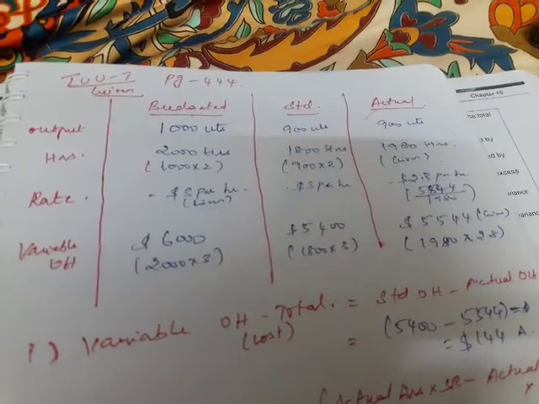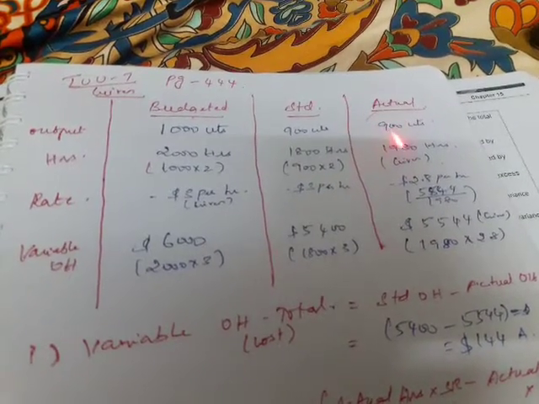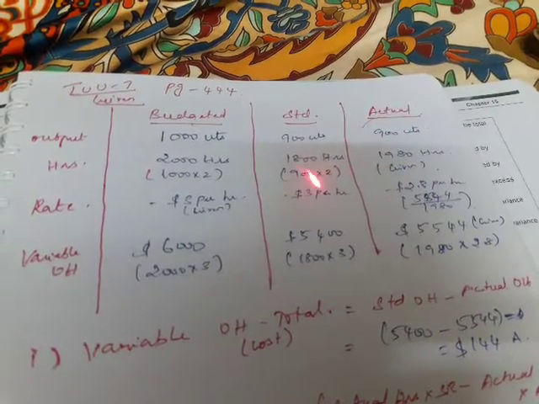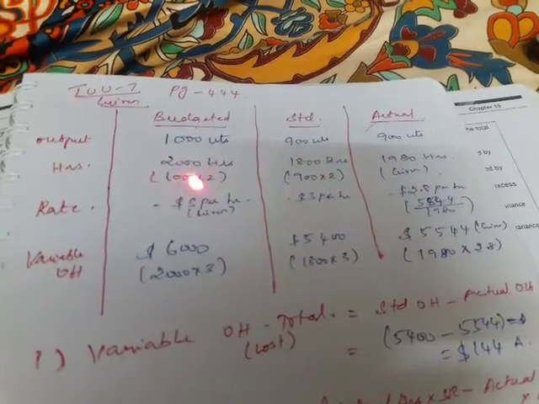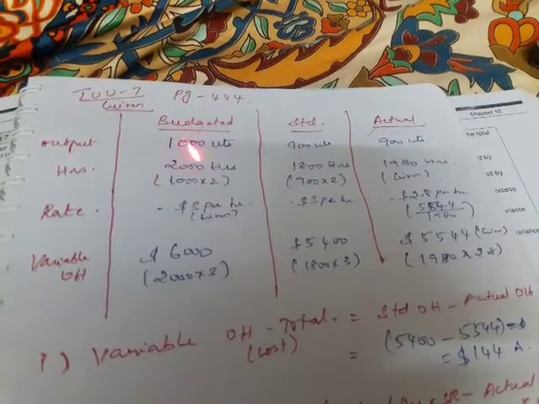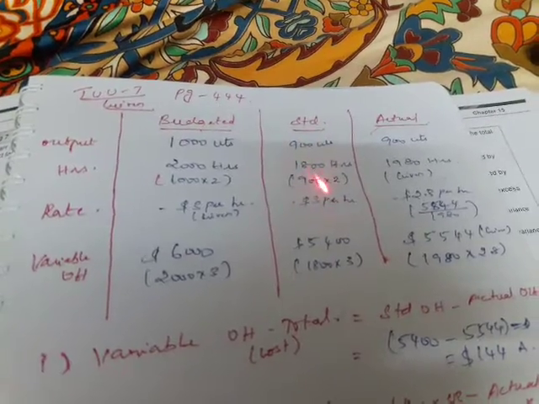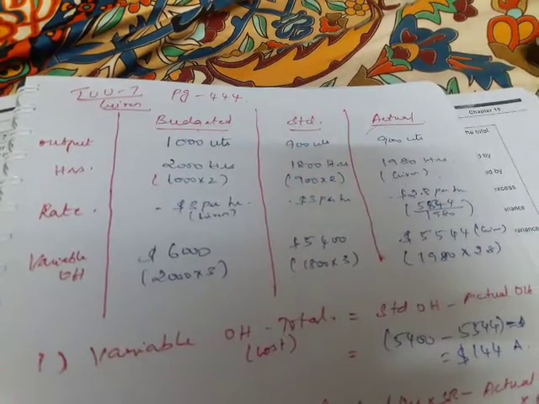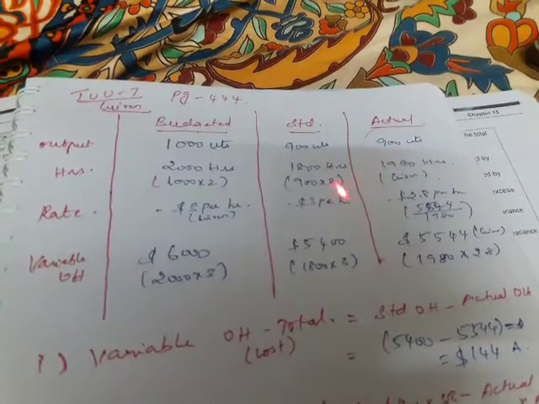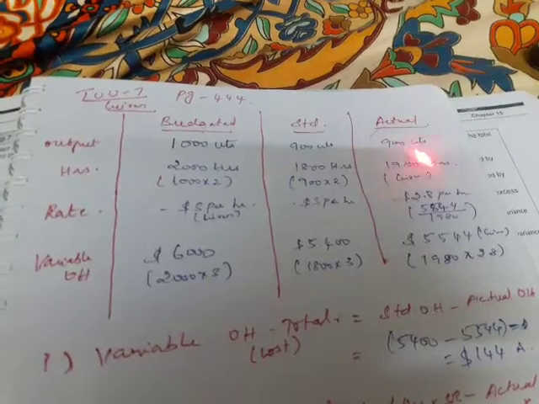That is, 1980 hours were taken for 900 units. How much should you take for 900 units? You should take only 1800, because 2000 hours is for producing 1000 units. For producing 900 units, you will require 1800 hours. But you have taken how many hours? 1980 hours. This shows it is not efficient, because we have taken more hours.